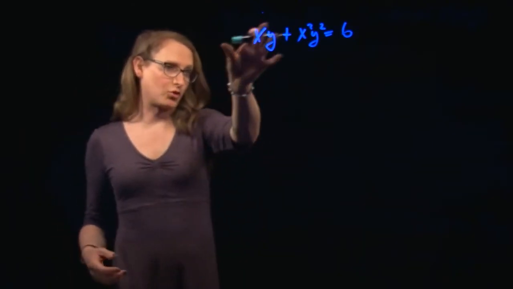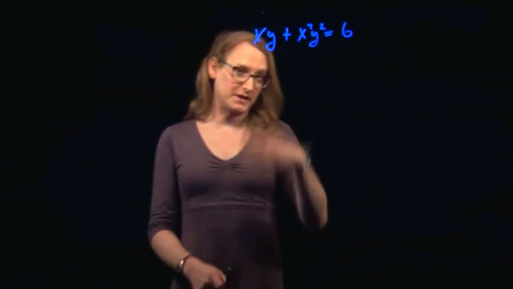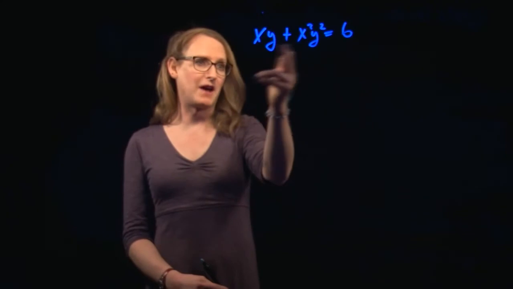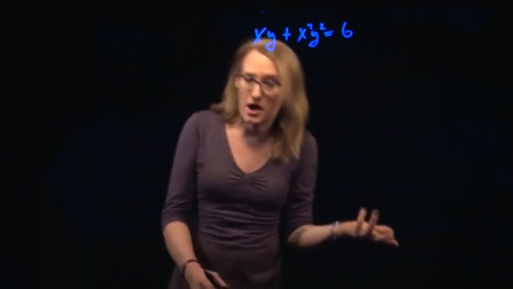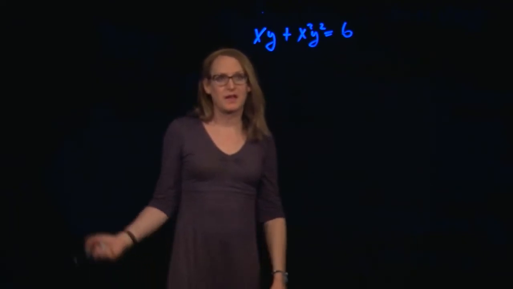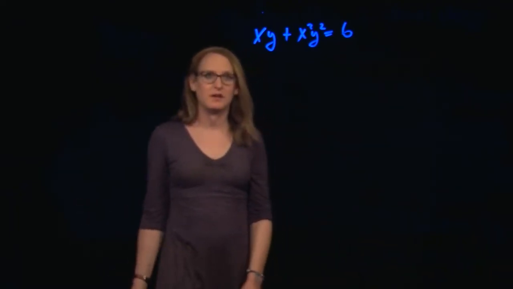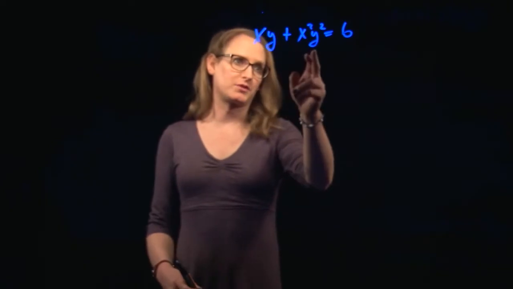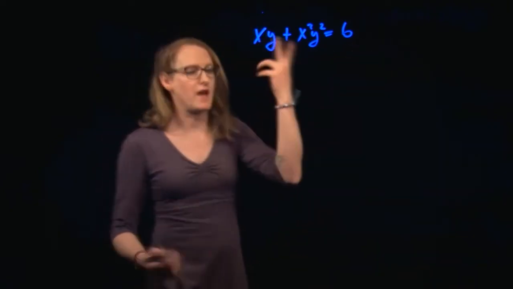So we've got this equation right here, and it's pretty clear that if you choose a value of x, you get some values of y. Like if x was 1, you'd have y plus y squared equals 6, a quadratic, and you get 2 values.